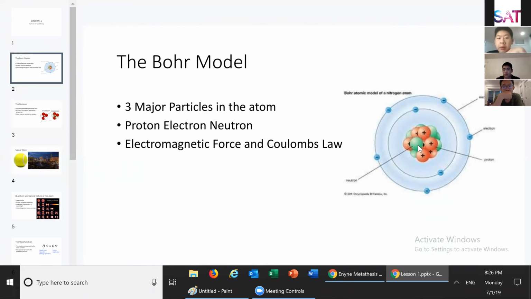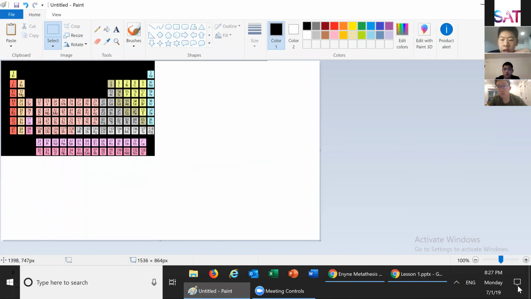And basically, what holds together the atom is the electromagnetic force. So you know that opposite charges attract. So the positive charges of the protons attract the negatively charged electrons. And this force can be described by Coulomb's law, which I'm going to just write down.